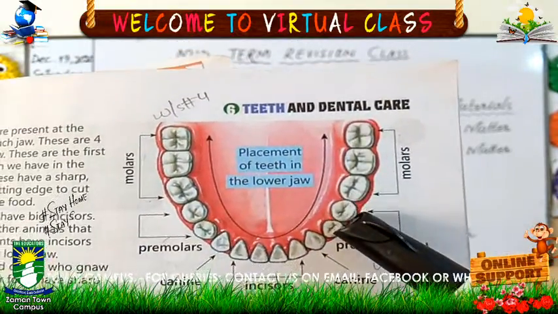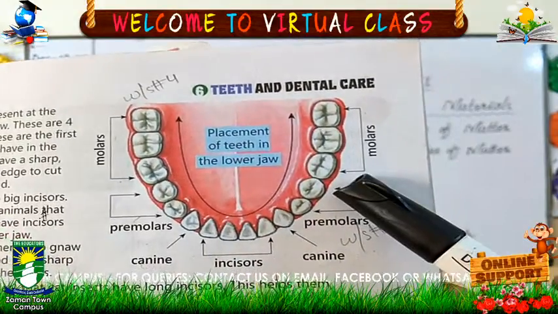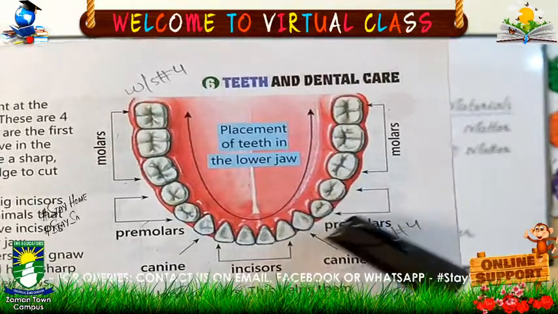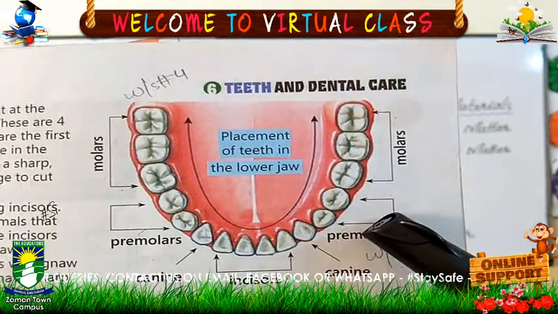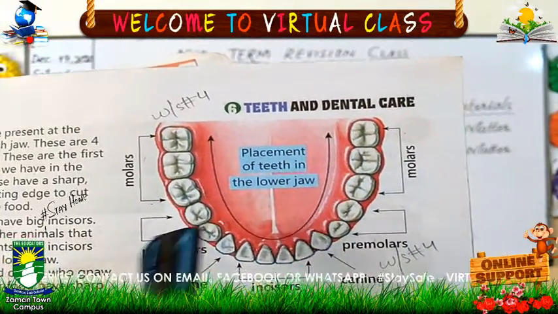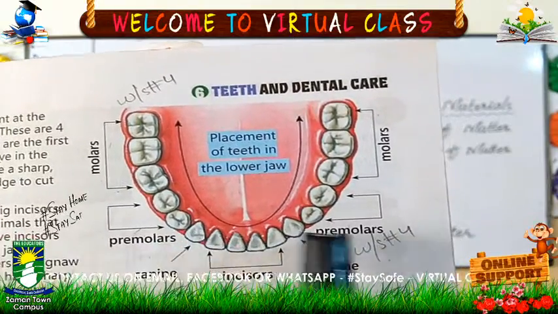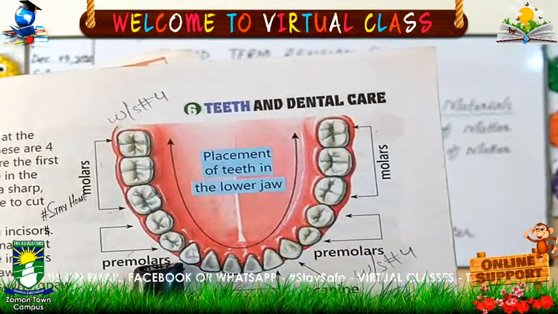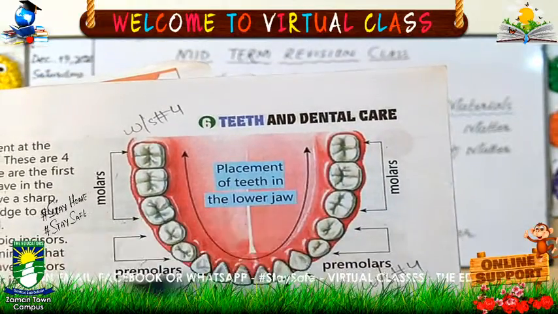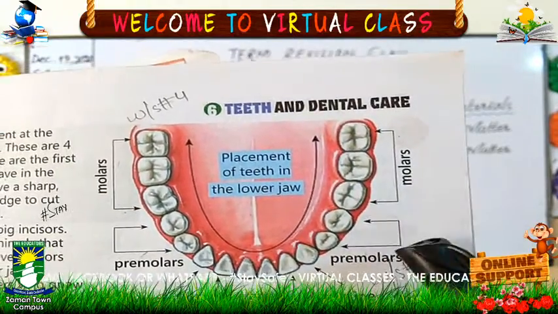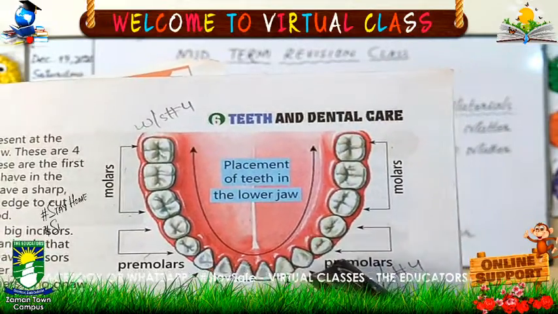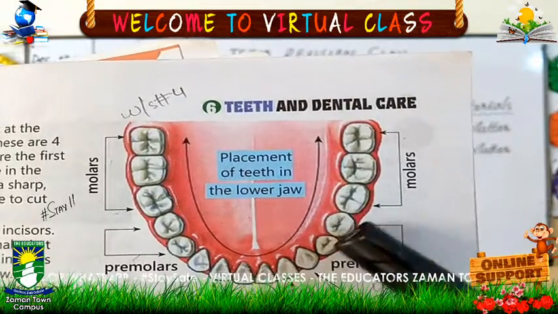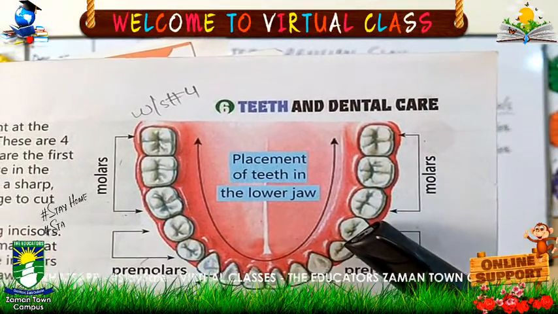The premolars are placed next to the canine, and these premolars help us to crack hard food. Here we have 4 premolar teeth in each jaw, which means we have a total of 8 premolar teeth in our mouth. These are like blades, flat from side to side. As you can see, the surface of these teeth is very flat.